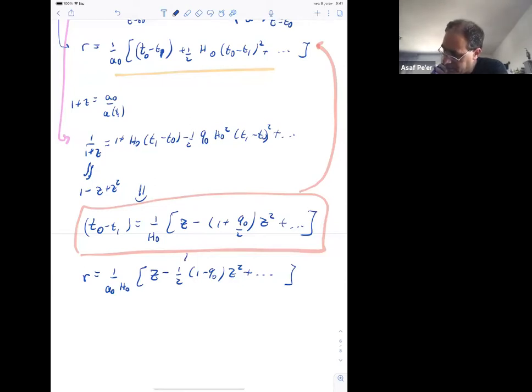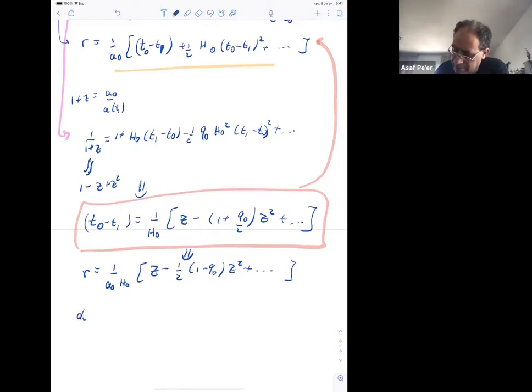And the final thing which is left is to write down dL. We'll use the fact that we wrote down the luminosity distance as a0 times r times 1 plus z.